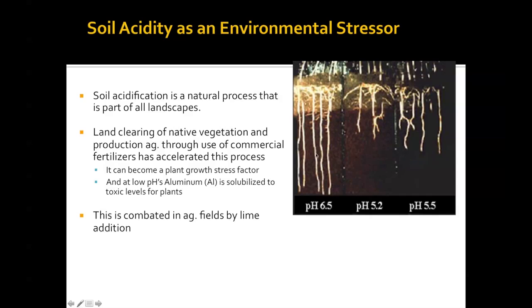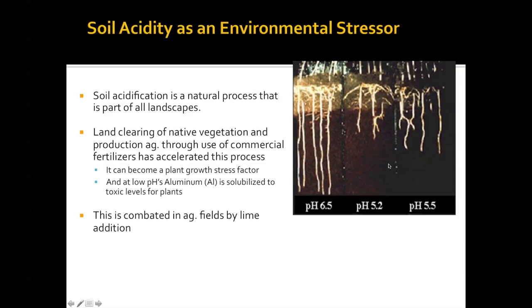So you can see these are roots, I don't know which plant, but at a pH of 6.5 they look very good. pHs of much lower, you can see that you're going to have some problems over there. When pHs get really low, we find that aluminum gets solubilized in the soil and it becomes toxic to plants.